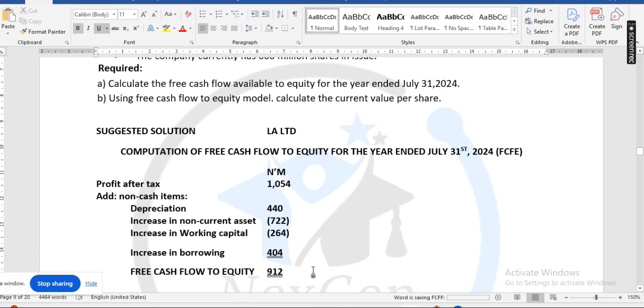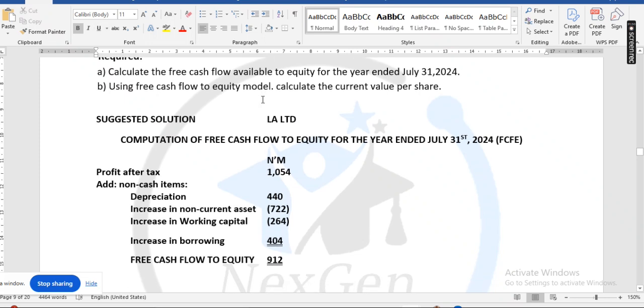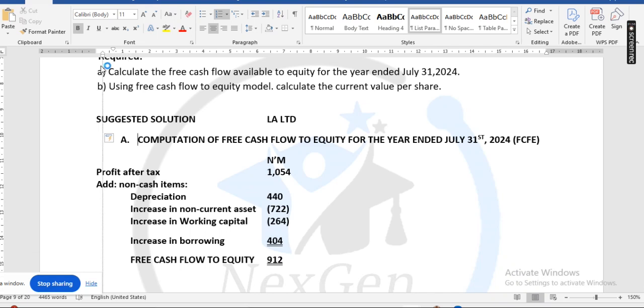Okay. So the question says, calculate the free cash flow available to equity. That is all. This is the free cash flow available to what?